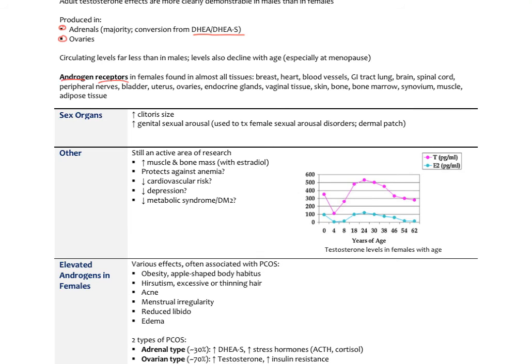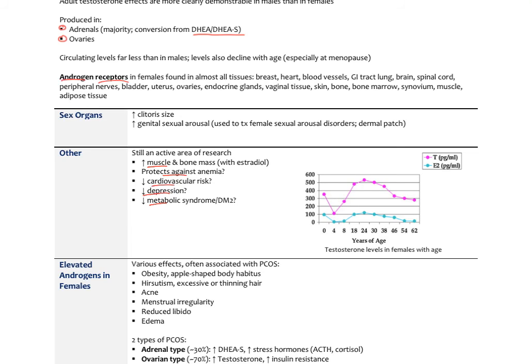And generally, potentially to stimulate and maintain libido in females as well. Still in the research is the effect of androgens at increasing muscle and bone mass, protecting against anemia, decreasing cardiovascular risk, at least at physiologic levels, decreasing risk of depression, as well as metabolic syndrome.